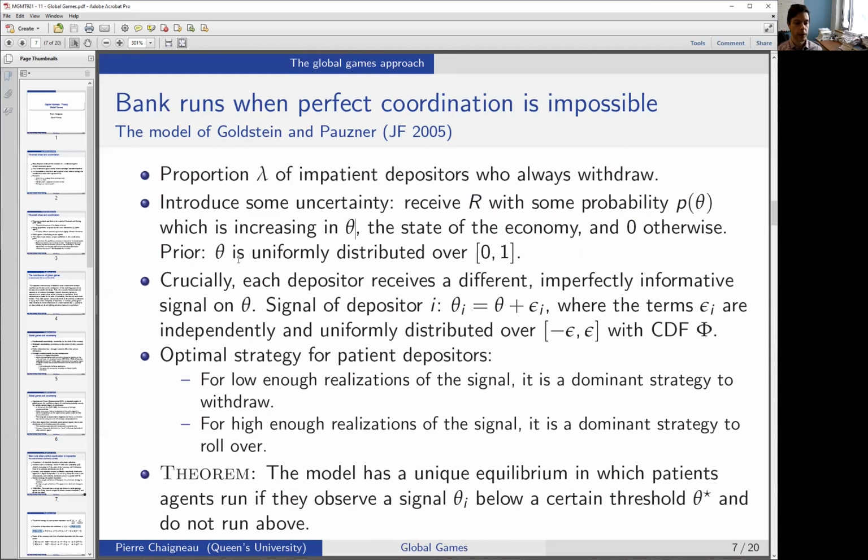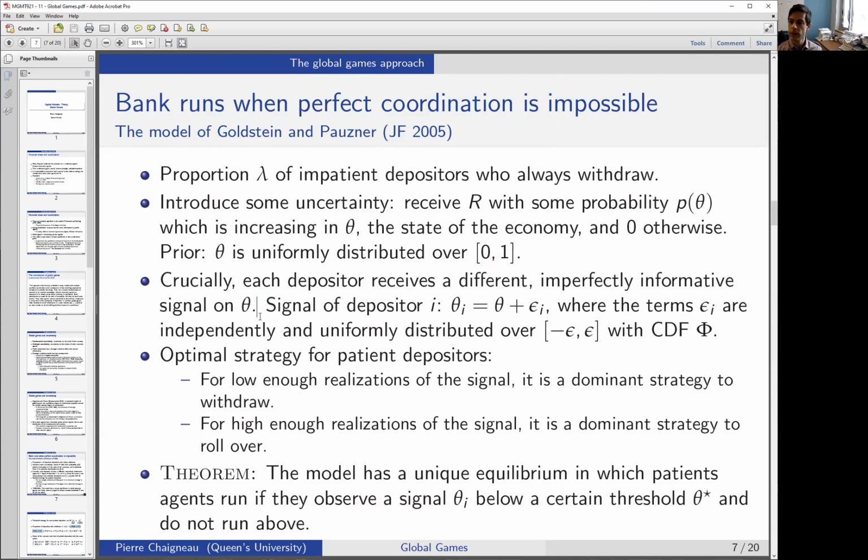Okay, so what are the prior beliefs of agents? They believe that theta is uniformly distributed on 0, 1. So this is not crucial. What's going to be crucial, however, is that now each depositor is going to receive a different signal, and a signal which is informative, but imperfectly informative about theta.